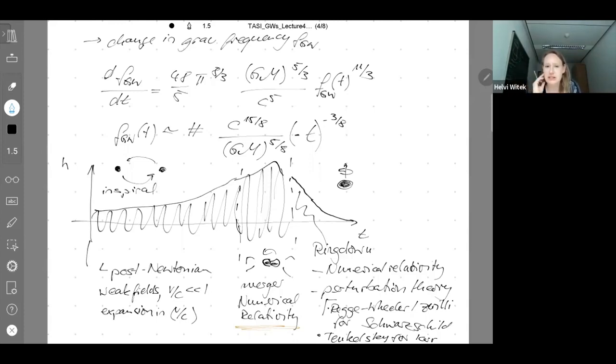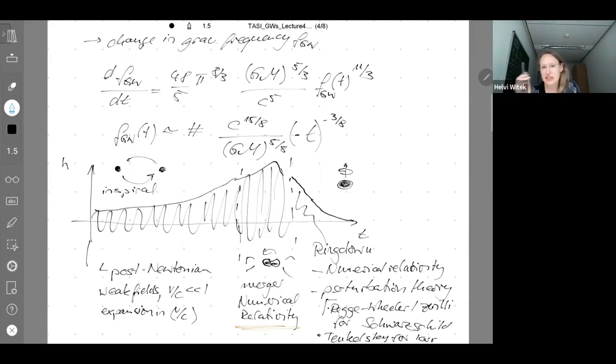One, which has been used predominantly, is comparing the signals that we get to our numerical relativity simulations, where we would get the total mass of our final object. And then the energy can be related again to the strain and frequency.